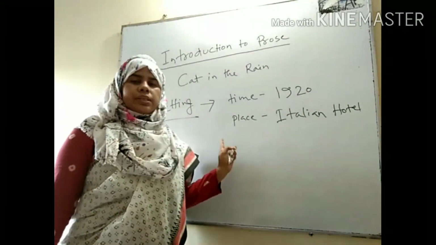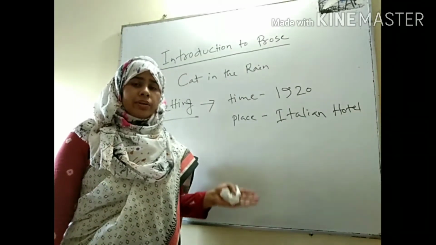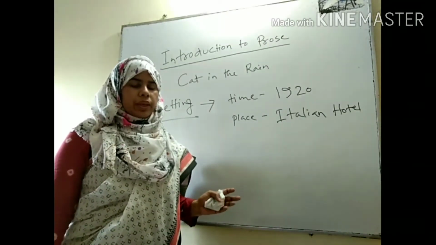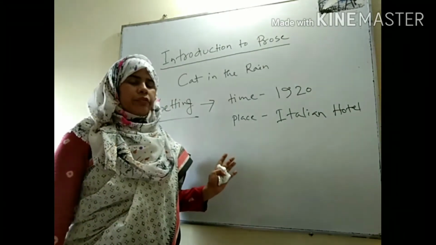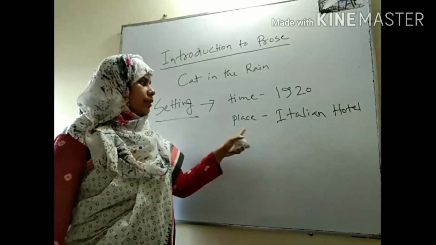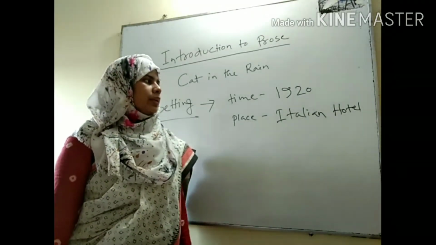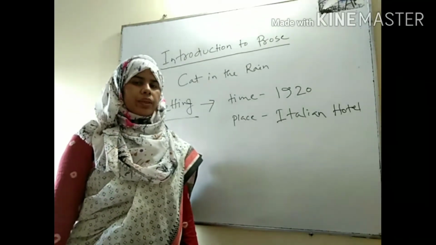So have you noticed that two of the major characters are from America? They are American couple, American wife and her husband George. But the setting is Italian hotel. So why have they come to Italian hotel?